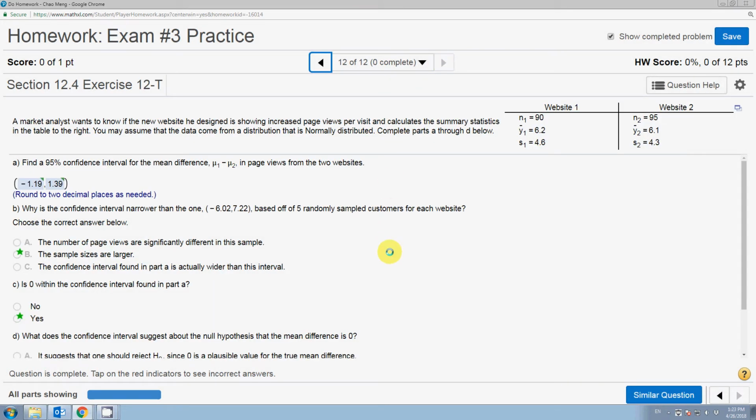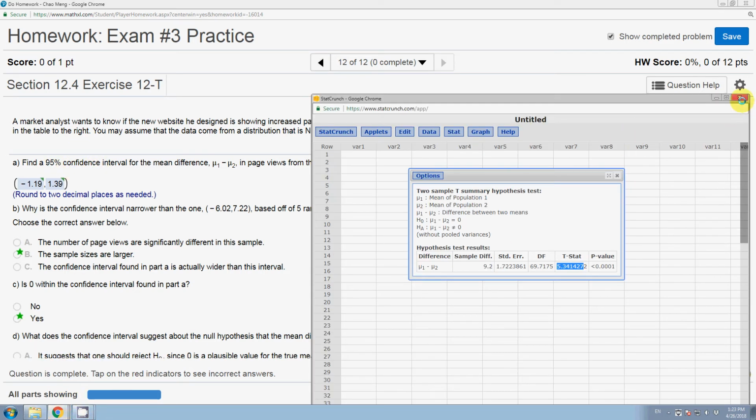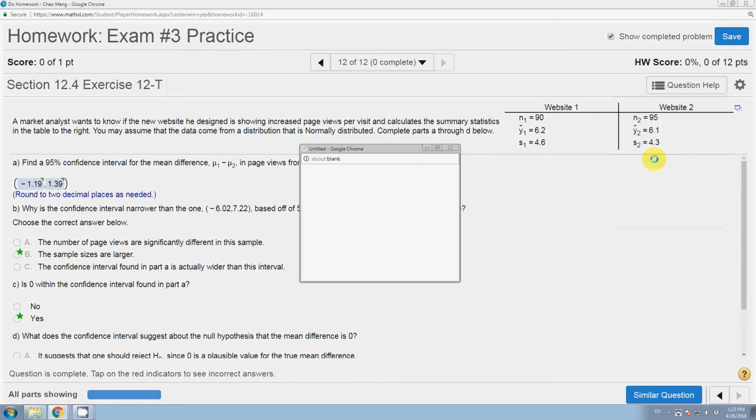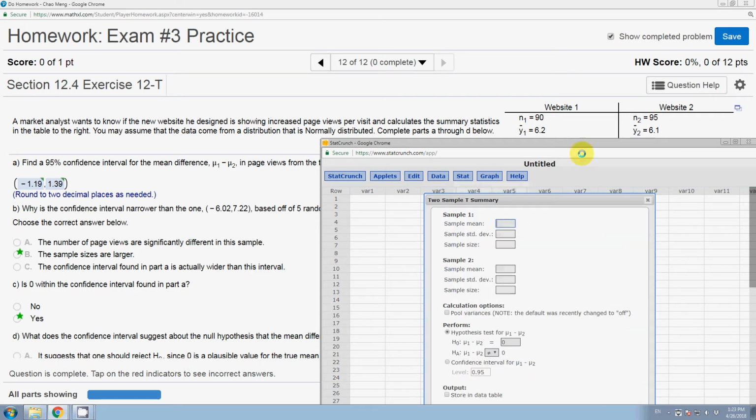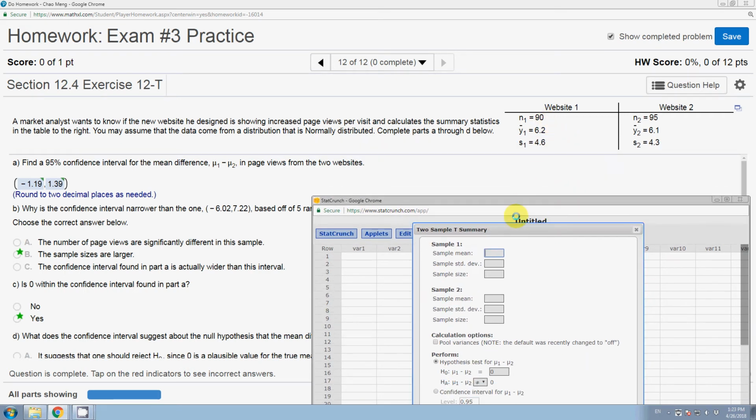Then question number 12. We still deal with two groups, and this time we are going to construct the confidence interval. Let's click StatCrunch, and we still go to T stats two-sample with summary because we are given the summary data. Sample mean 6.2, sample standard deviation 4.6, and sample size 90.